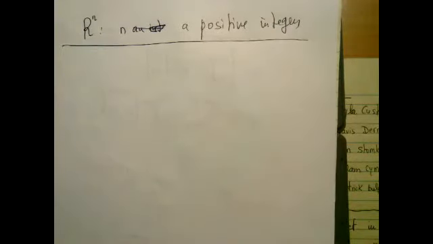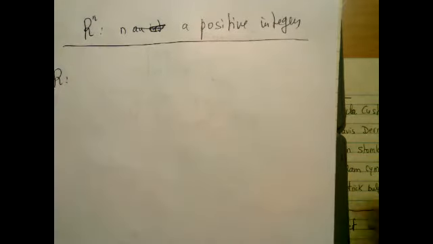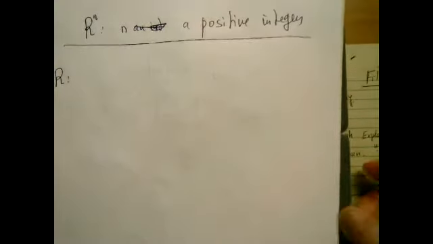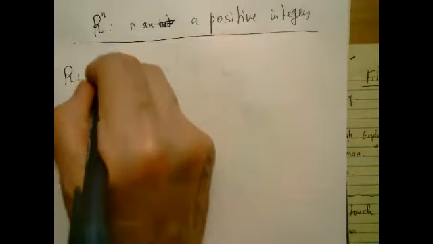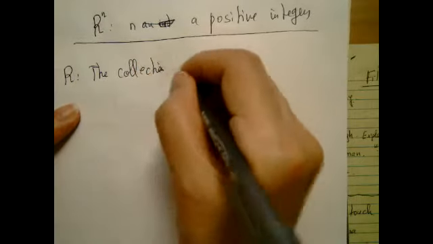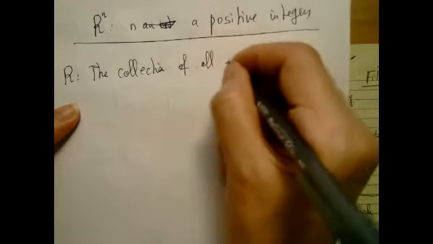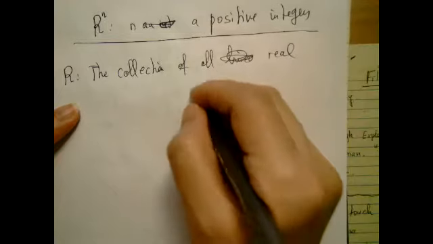First I start with R. What is R? R is nothing more than all the real numbers, pure and simple. R is nothing more than the collection of all real numbers, nothing deeper than that.